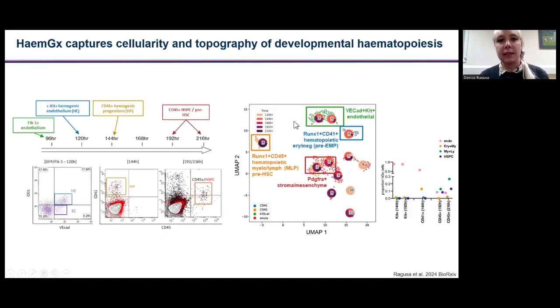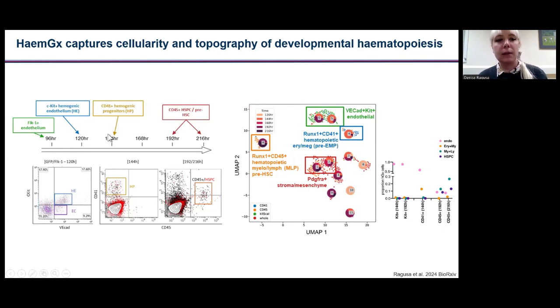So we characterized the model to be sure that it would capture developmental hematopoiesis from a cellular point of view by flow cytometry. At 96 hours, we see the emergence of the FLK1 GFP marker that marks endothelium. At 120 hours, we see the emergence of c-KIT positive cells, which is a marker for hemogenic endothelium.